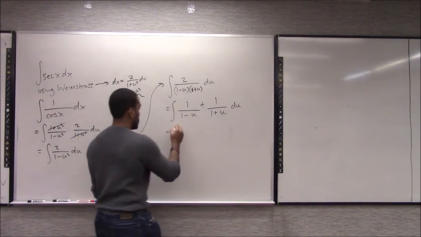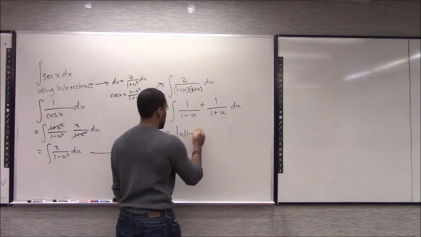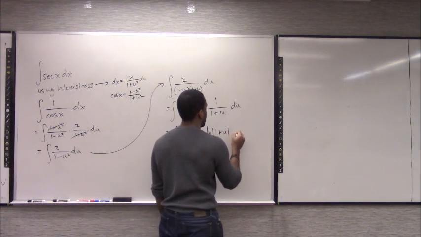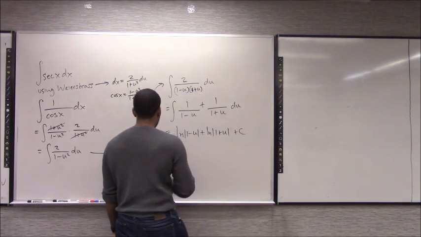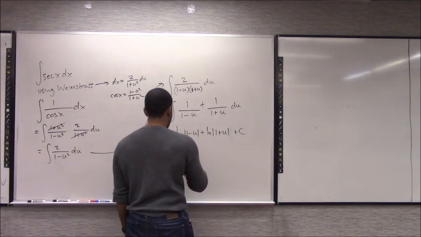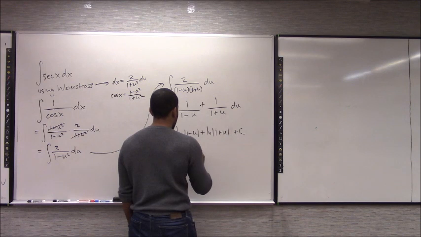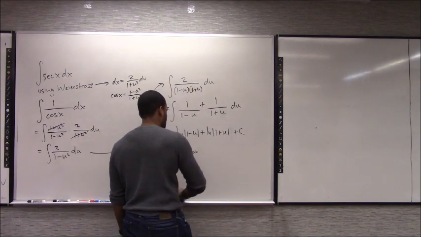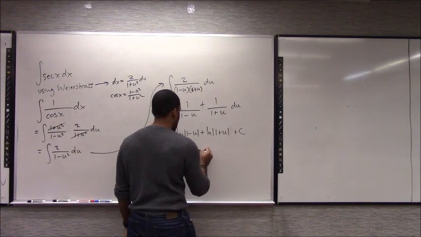And so, what do we have here? ln of absolute value 1 minus u plus ln of 1 plus u. And our u is going to be tangent inverse, not tangent inverse, tangent of x over 2.